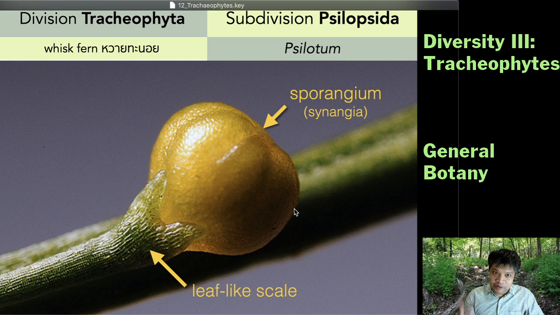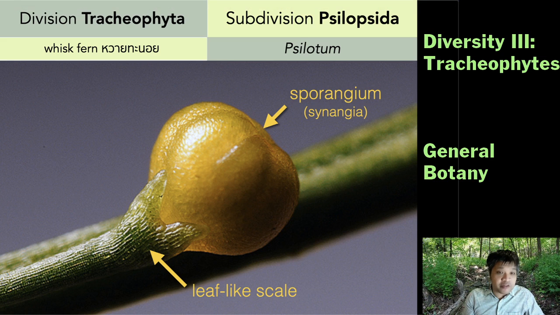This is where we produce spore, and it has a special name called synangia. Syn means together, and angia comes from angium, because this is actually three sporangia fused together.